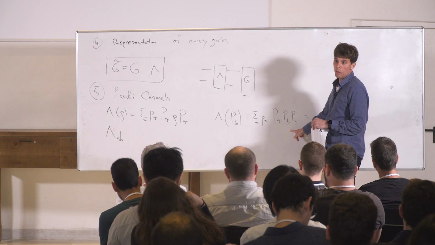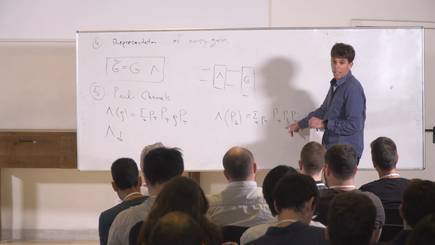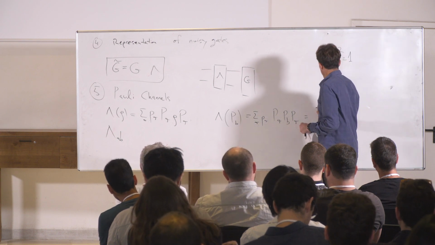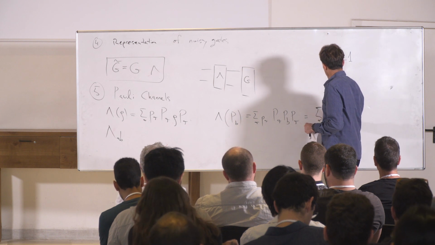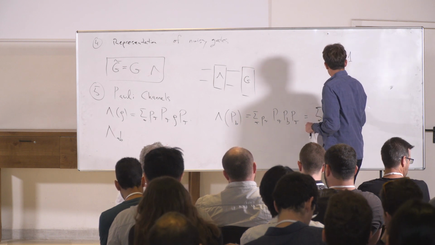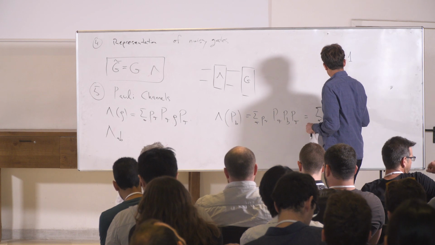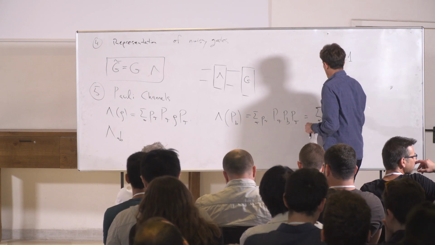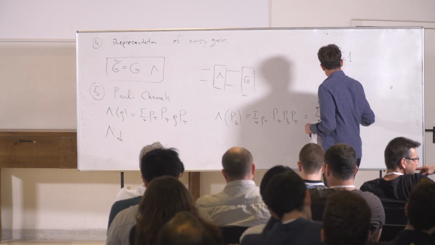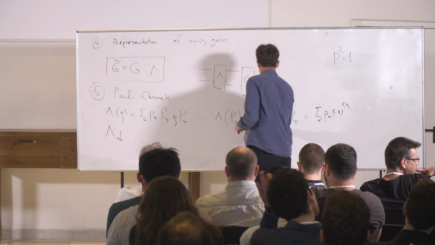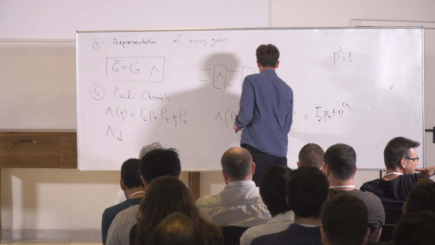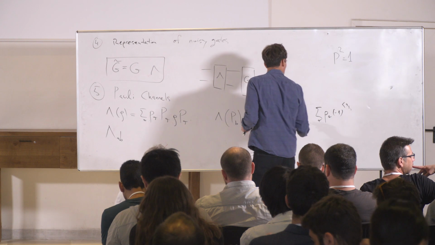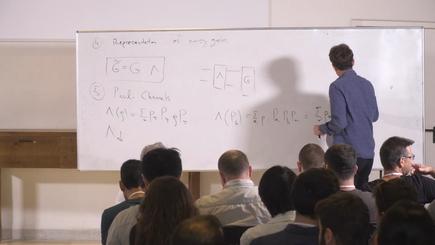But if they anti-commute, then I get minus PB. So I'm going to write this as a sum of P alpha times minus 1 to the power alpha B. I should have used A here. Sorry, I'm going to switch the notation so I don't get confused.